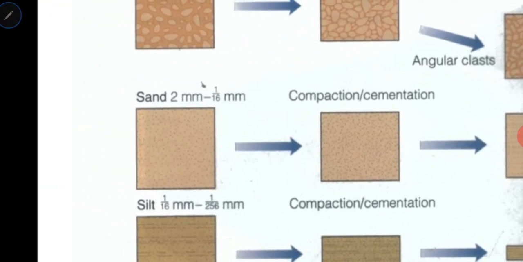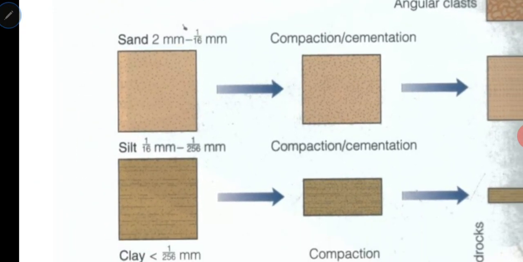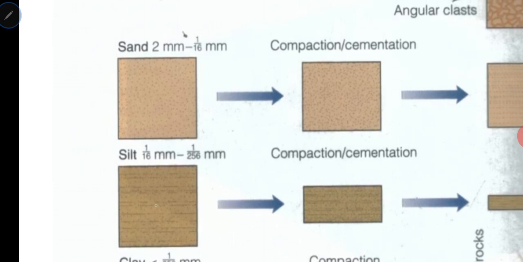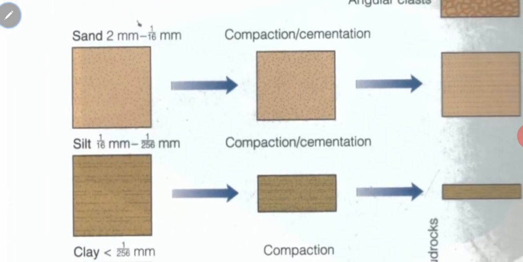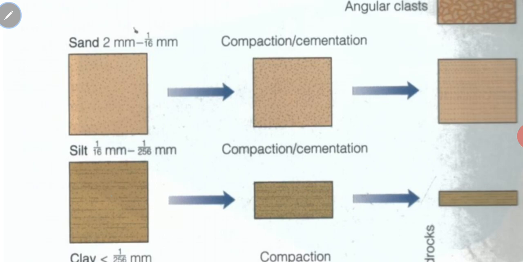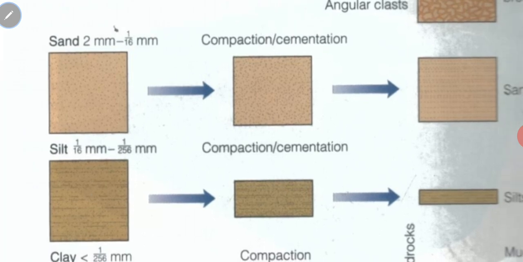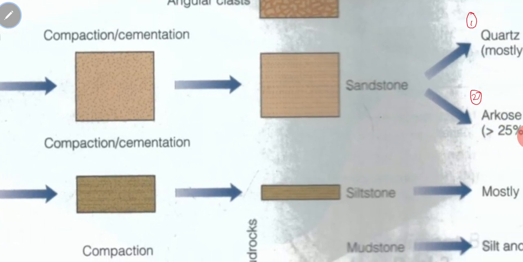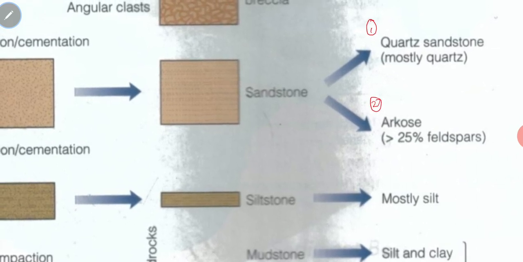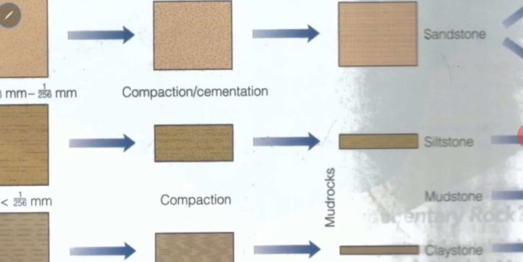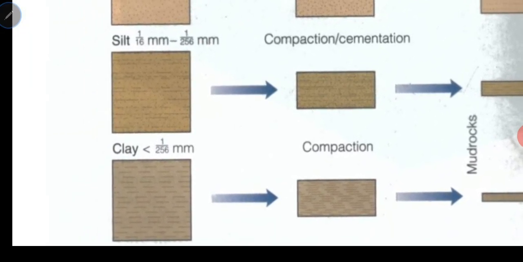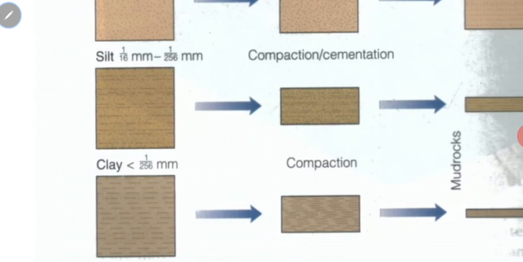The smaller fragment compared to sand is silt, and this is a smaller fragment. It also goes through the compaction and cementation process. The result of that will form siltstone, and most of the rock is silt. The fine grain fragment of rock is in the terms of clay.